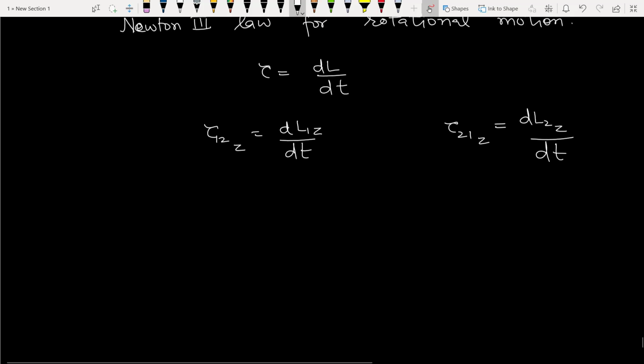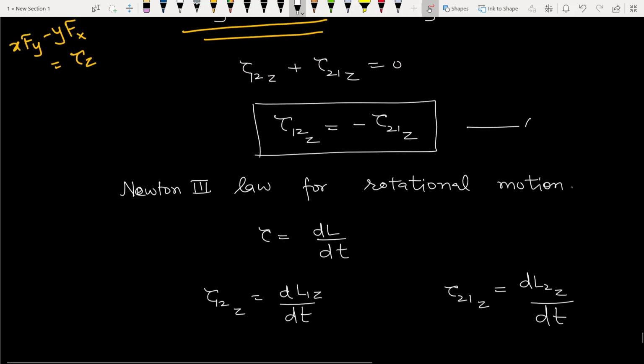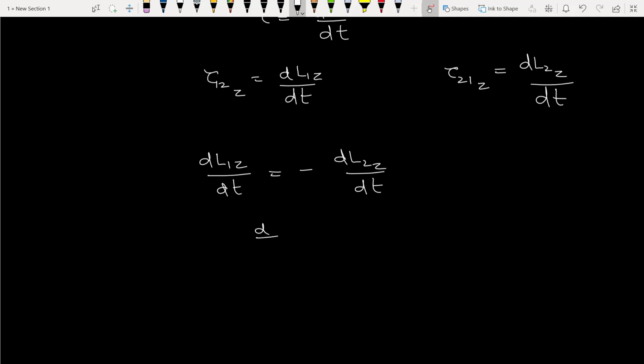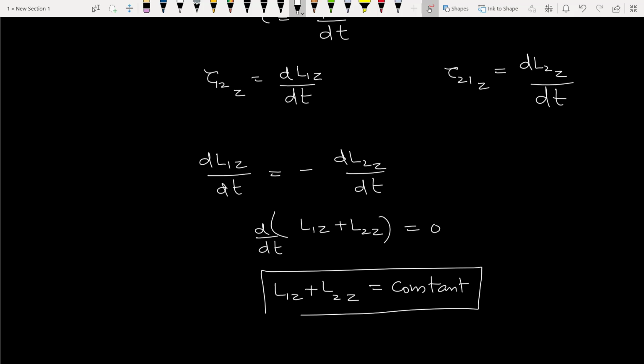So using this formulation in equation number 6, dL1 z component by dt is equal to minus dL2 z component by dt. So d by dt of L1z plus L2z is equal to 0. So L1z plus L2z is constant.